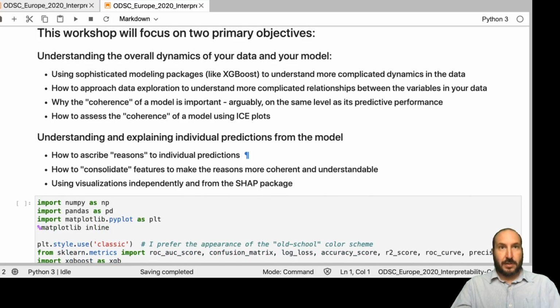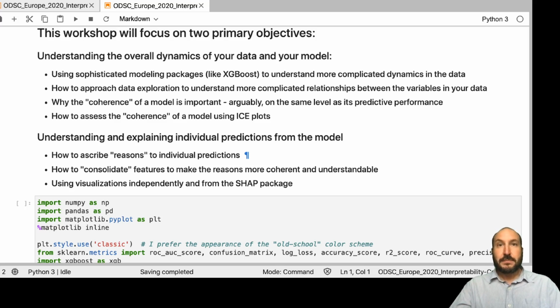The second part of the talk will be about how we understand and explain individual predictions from the model. So now I've got the model, I've got a particular case, and it's made a particular prediction, and I want to be able to explain in human terms why the model thought this about this particular case. And we're going to talk about some approaches on how to do that.